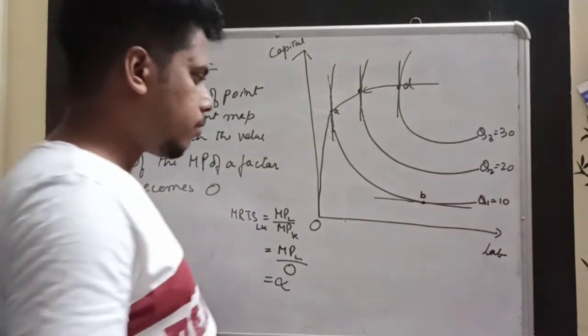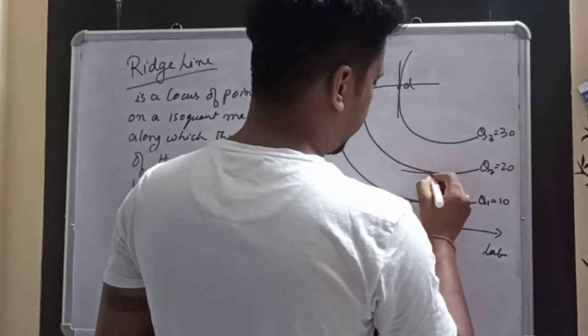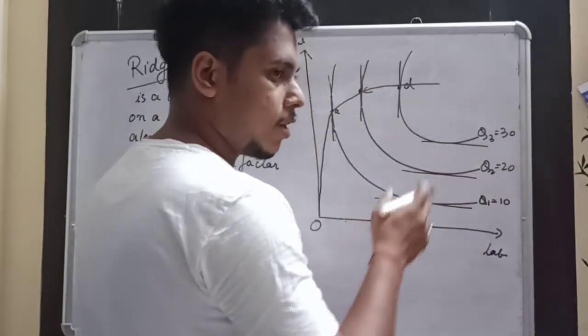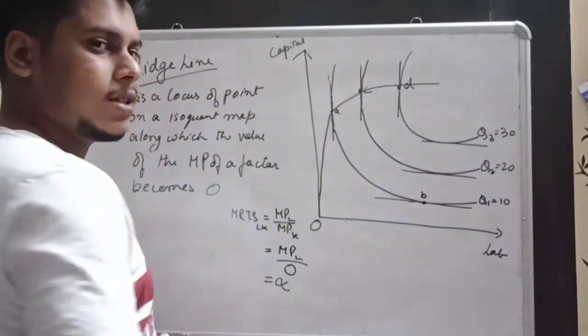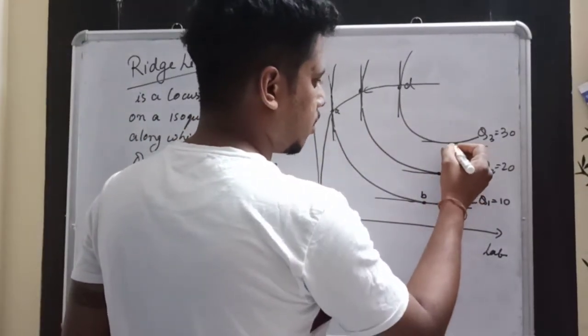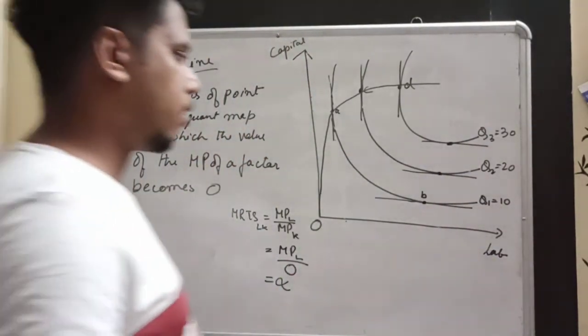Okay. Similarly, we also have these tangent lines which are perfectly parallel to the x-axis, and along these points the marginal productivity of labor is becoming 0. Okay.